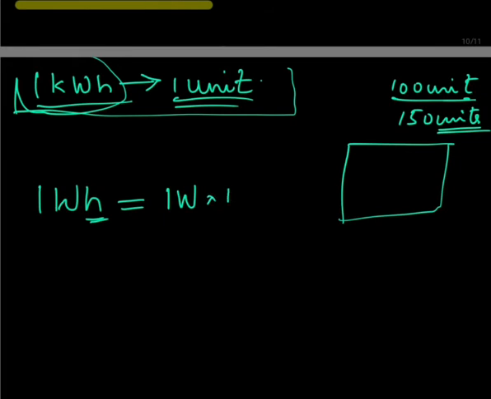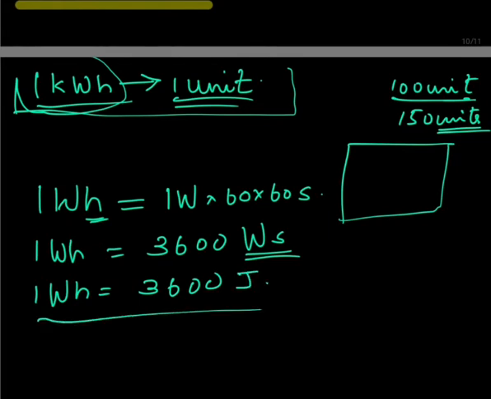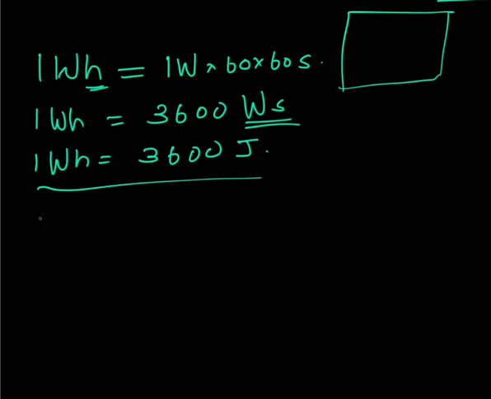So 60 multiplied by 60 seconds. So 1 watt hour is equal to 3600 watt second. You know this watt second is joule. So you have 1 watt hour is equal to 3600 joule.